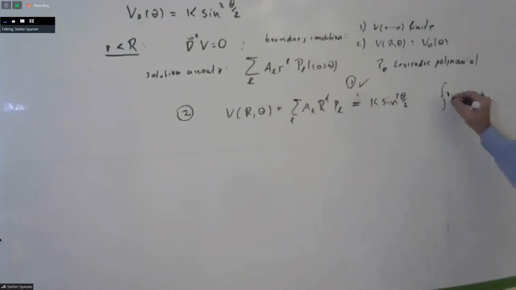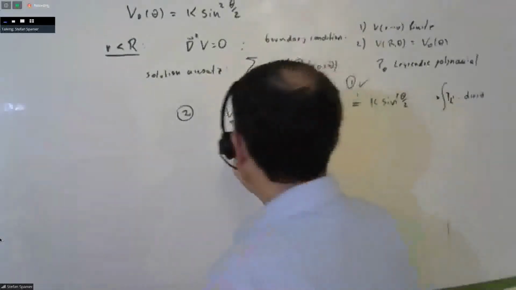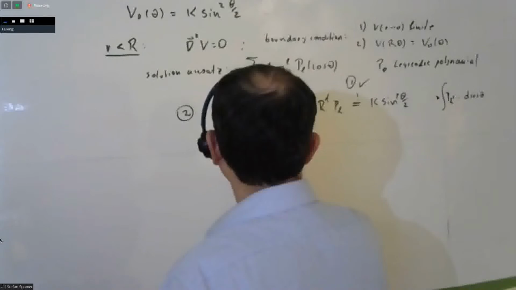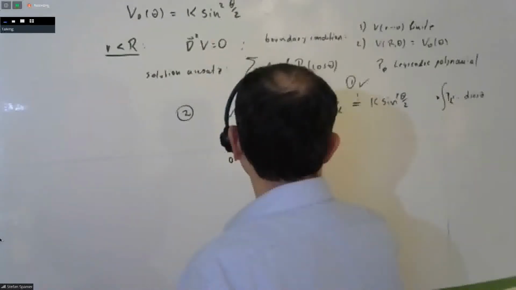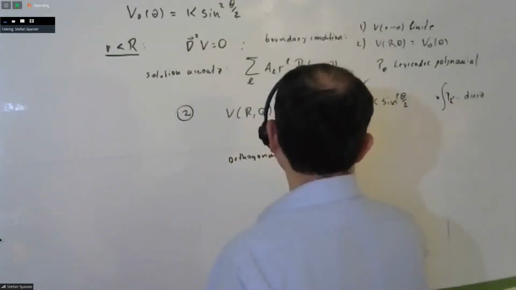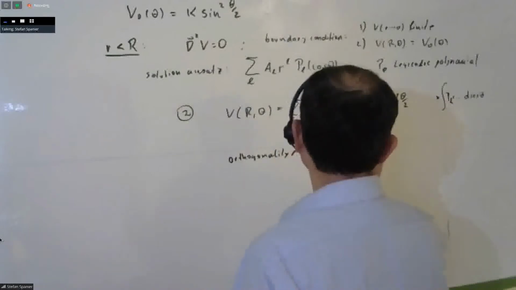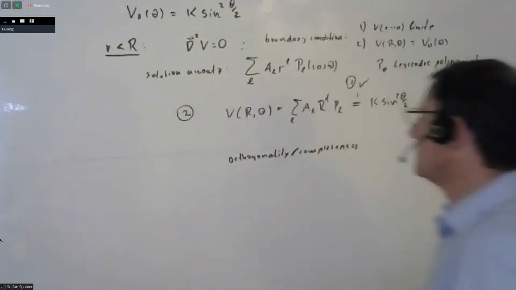So you can indicate, multiply by P_l prime, and integrate out the cosine theta, and then use orthogonality and completeness of the Legendre polynomials.